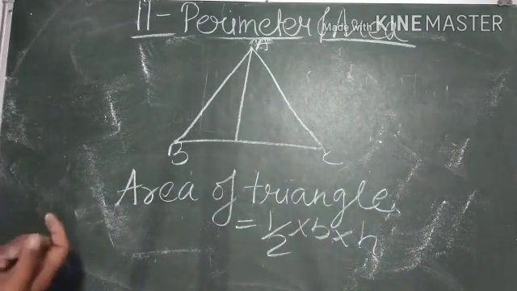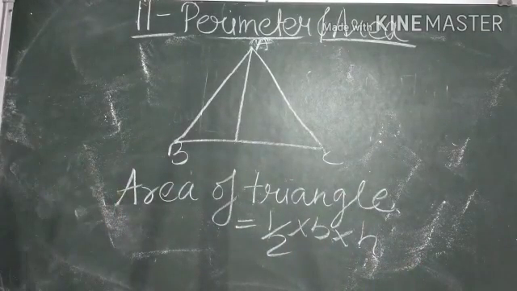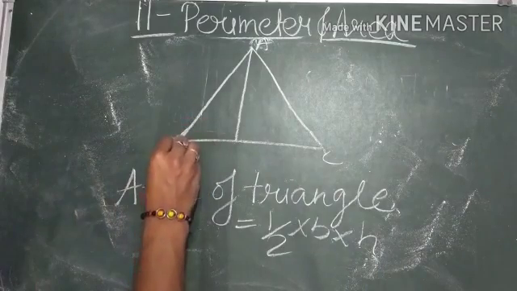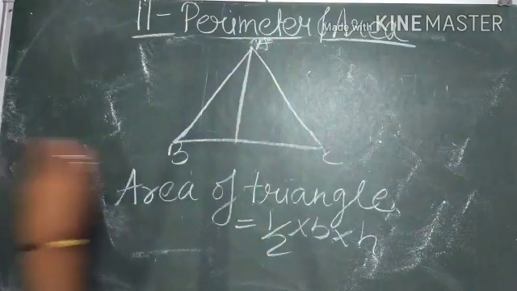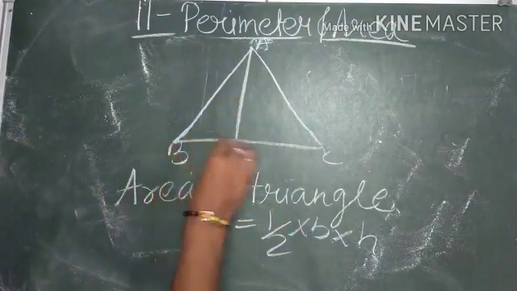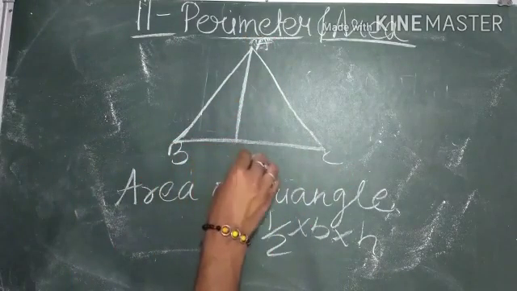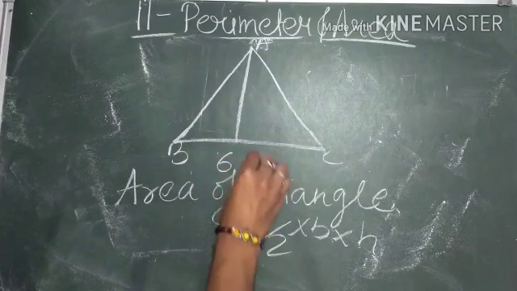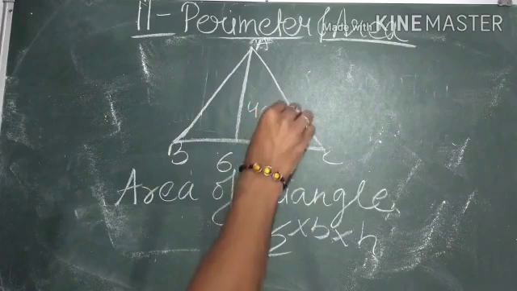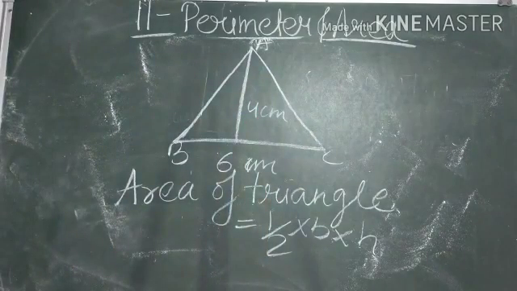So what will be the base over here and what will be the height? The base will be the side on which the perpendicular is drawn. So as the perpendicular is drawn on the side BC, side BC will be your base, which could be 6 centimeter, and height, let's take height 4 centimeter.